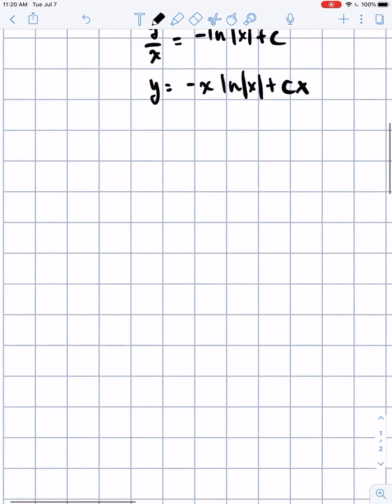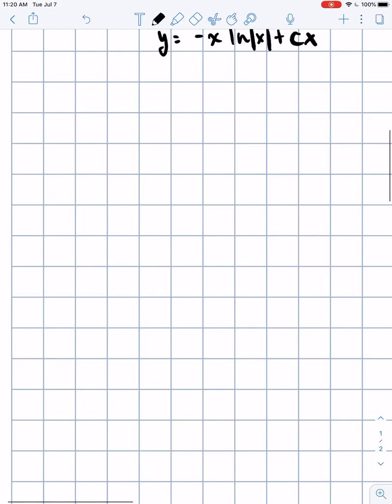Let's do another substitution because it's good for practicing your separating and integrating. So let's say I have x dx plus y minus 2x dy equals 0. Okay, let's say we have this one.